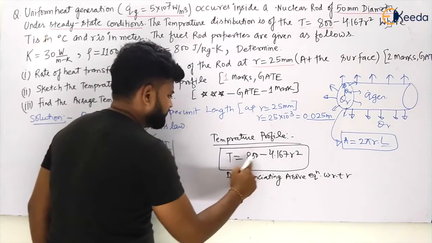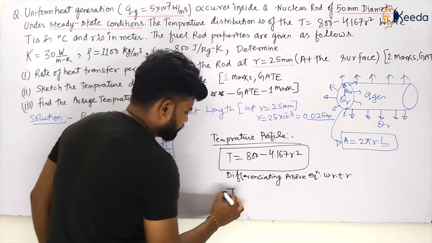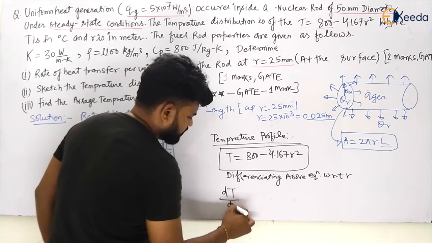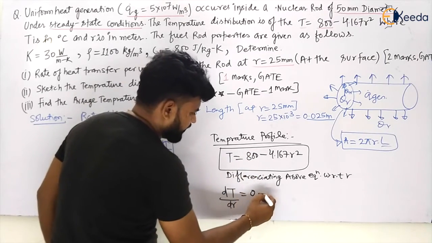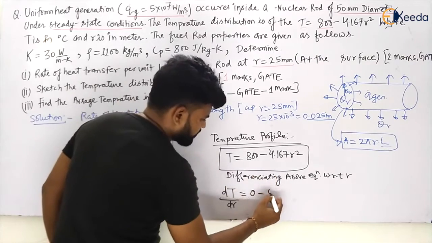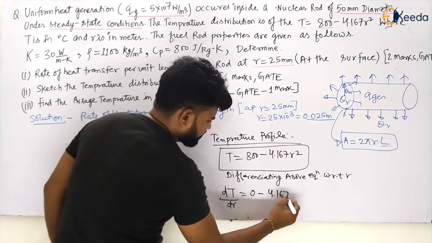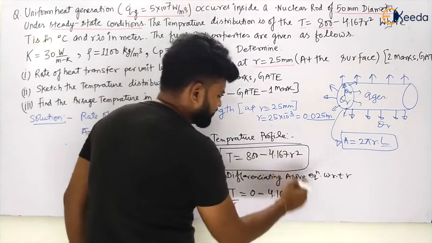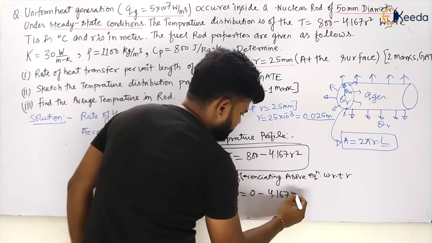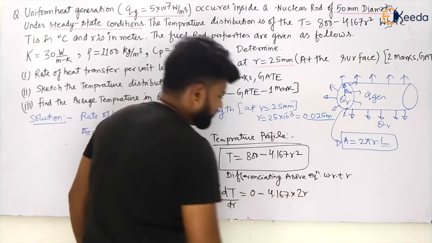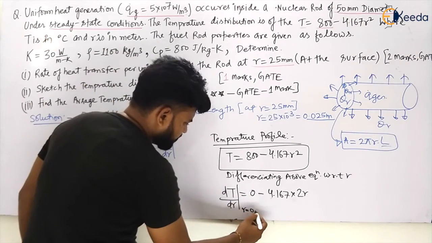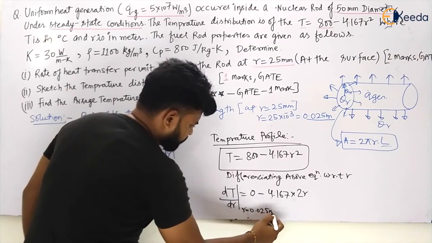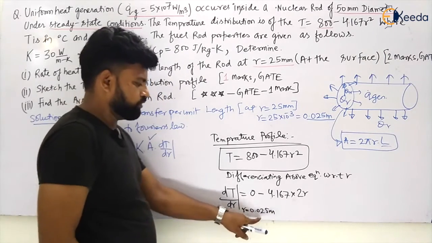When you differentiate it, dT/dr is equal to 800 is a constant term, this will become 0, minus 4.167 is a constant term, and when you differentiate r square, this will become 2r. And you have to calculate at r equal to 0.025 meter.